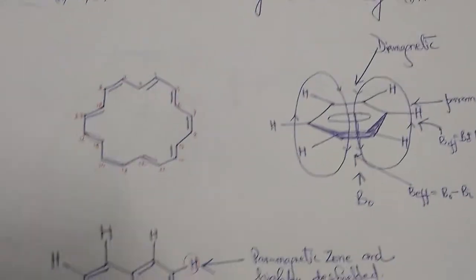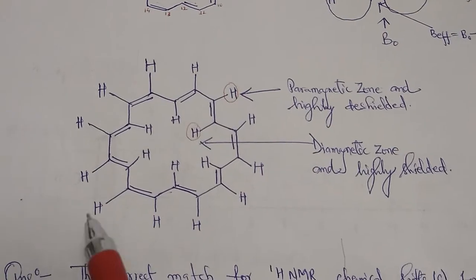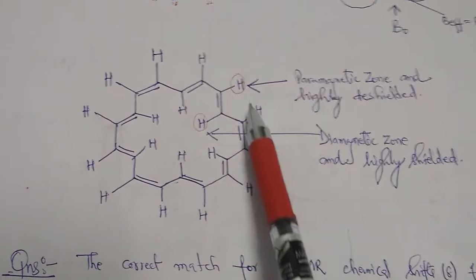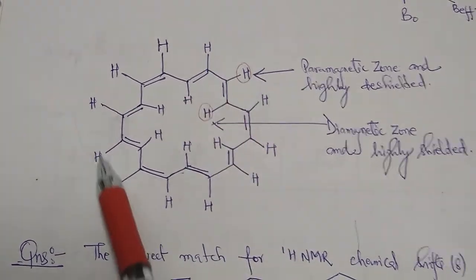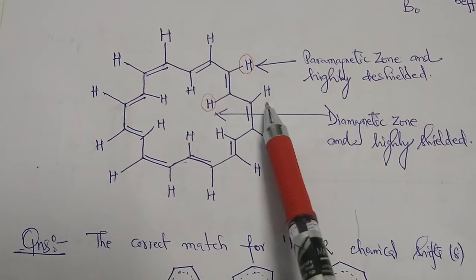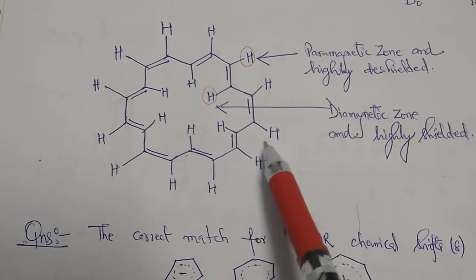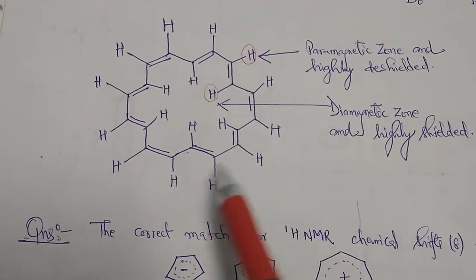Similarly, if we consider the [18]annulene structure with protons, it looks like this. Some protons are facing outward from this ring, and they can be shown like this.